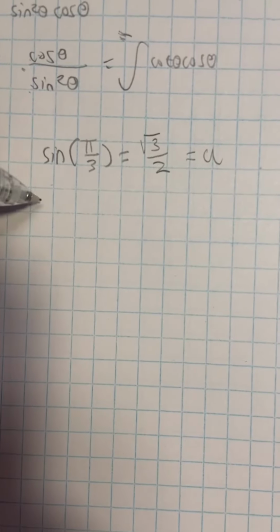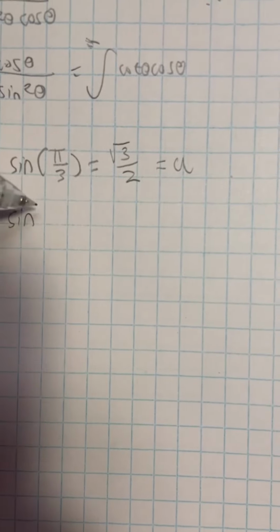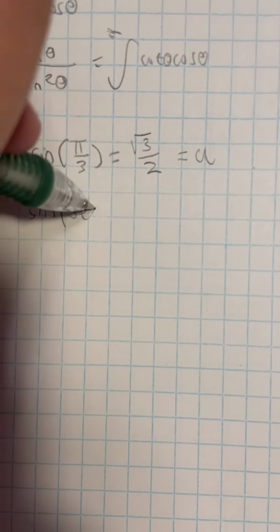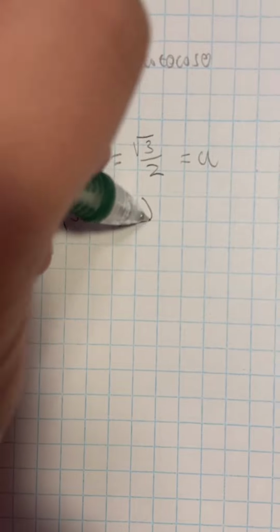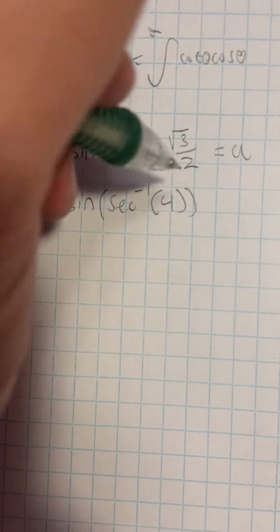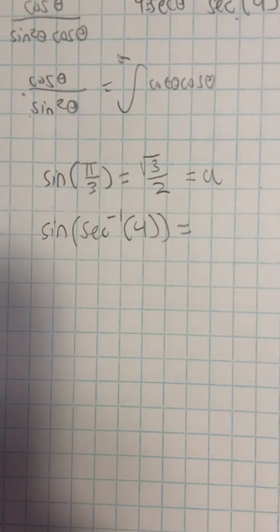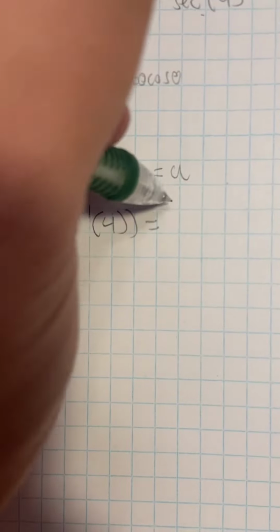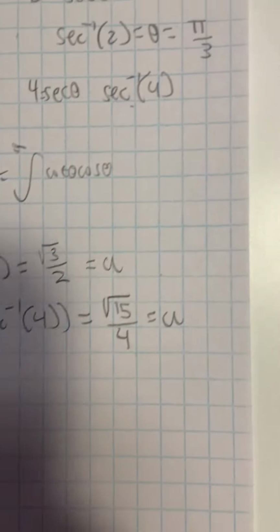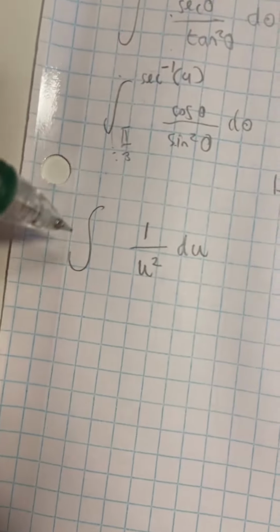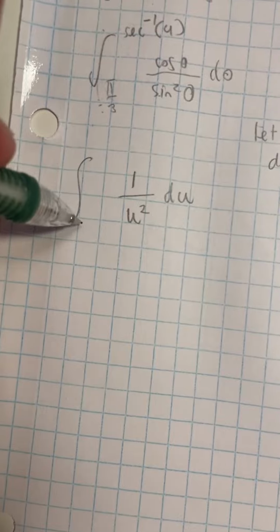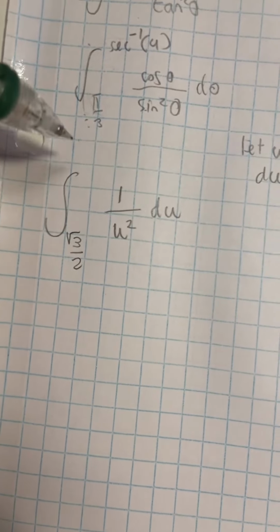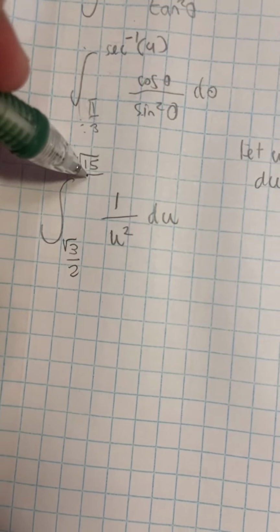So u is going to be equal to the sine of the inverse secant of 4, which actually comes out to a nice fraction, the square root of 15 over 4. So on the lower bound, we have the square root of 3 over 2. In the upper bound, we have the square root of 15 over 4.